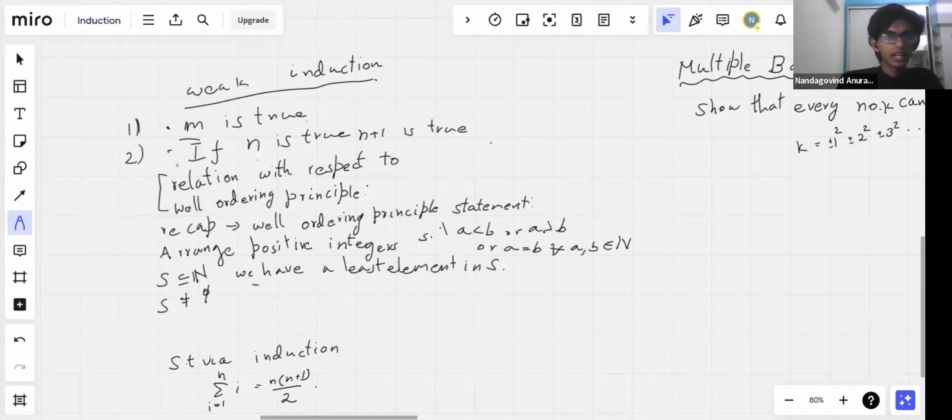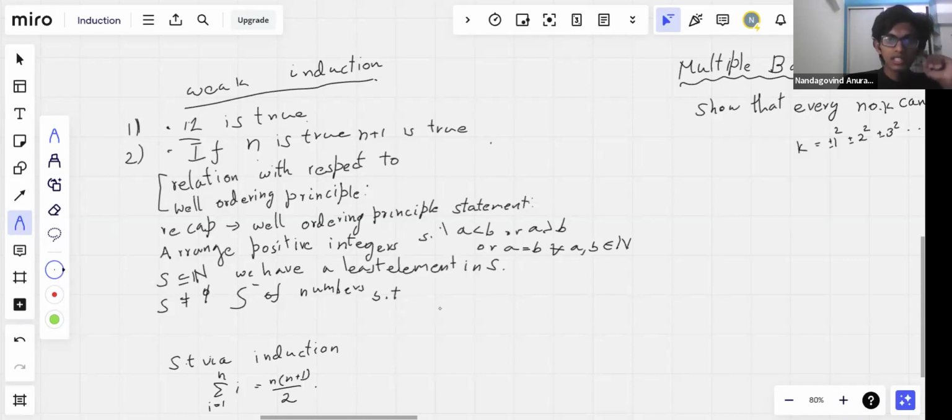Okay, so one way to think about this is to consider a set S of numbers. For this, let me replace m with 1. So 1 is true, and if n is true, n plus 1 is true.